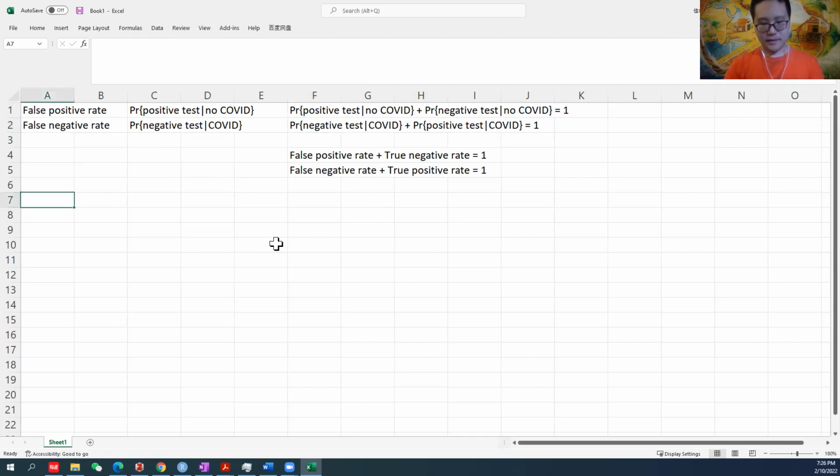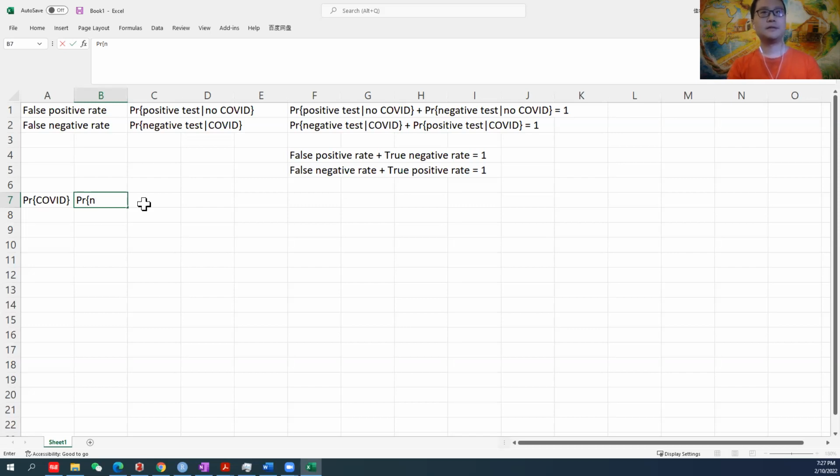If we know the chance of the COVID, then we can also find the probability of the negative or positive test in general by using the rule of conditional probability.